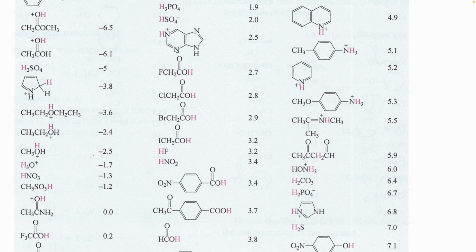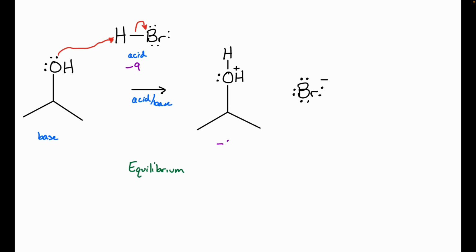We're going to have to approximate it. We don't have the exact structure, but that's pretty good. So what would we say about our equilibrium here? Which direction does this reaction favor, the products or the reactants?